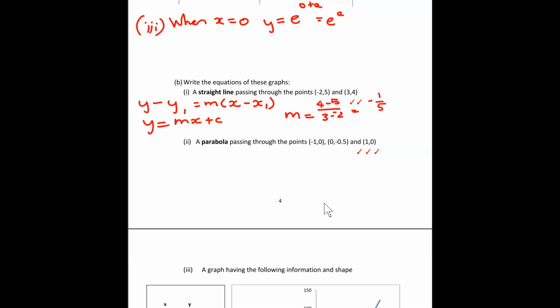And if you put it in the second of these versions here, you've got to put in that 4 equaled -1/5 times 3 plus c, and that gives you your c. So it didn't matter whether you left it as y equals -1/5 x plus 23/5, I think it is.